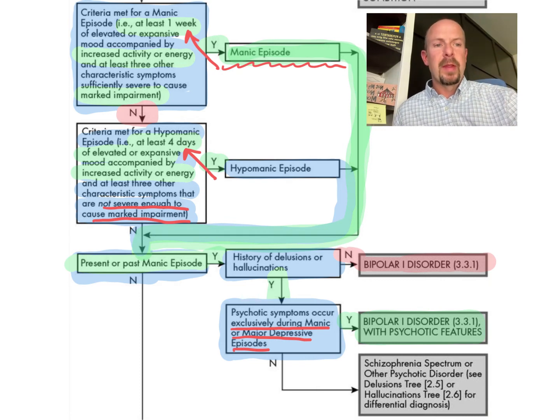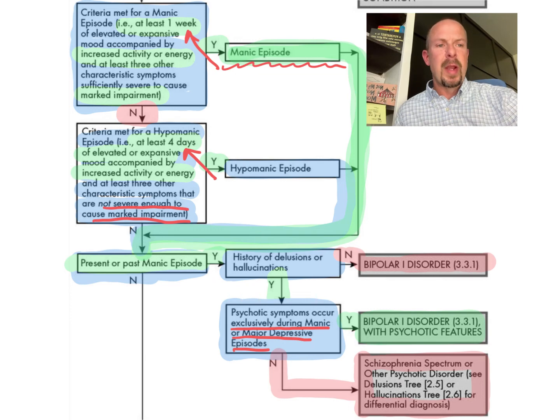However, if it didn't occur exclusively within that manic or major depressive episode, we're looking more at a schizophrenia spectrum disorder, and we should follow the decision-making map for possible differential diagnosis.